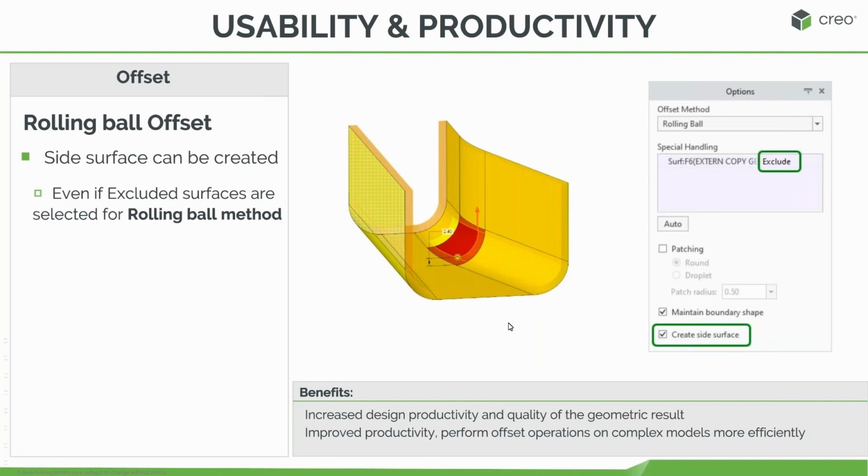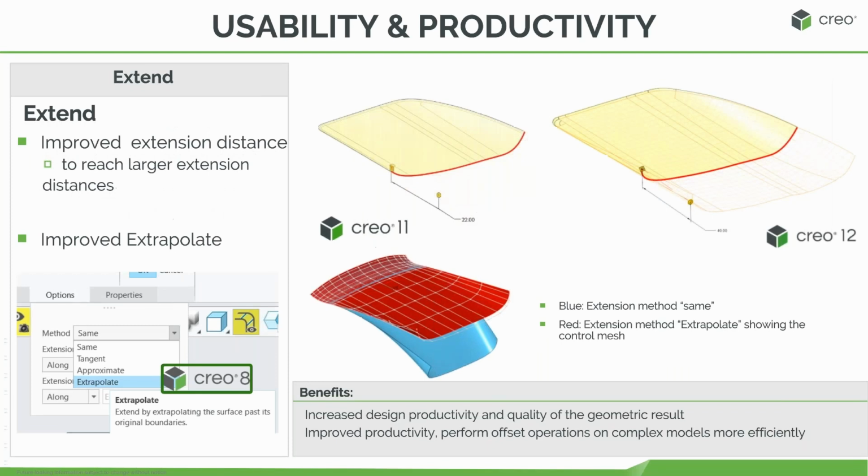Now, similar to the offset feature, the surface extend tool is also being improved. If you look at the comparison with the two images here, in Creo 11, the surface could only be extended halfway because of self-intersecting surfaces. But now the algorithm is improved so that Creo can push it further without any problem.